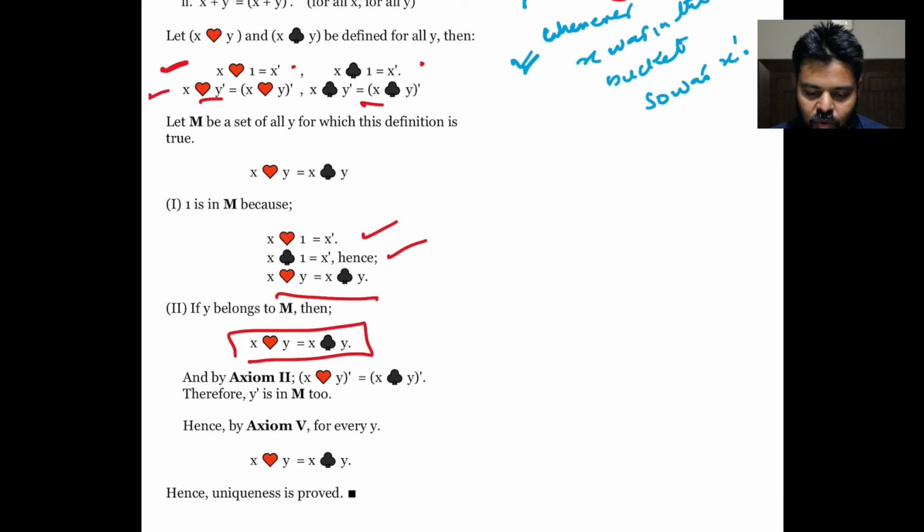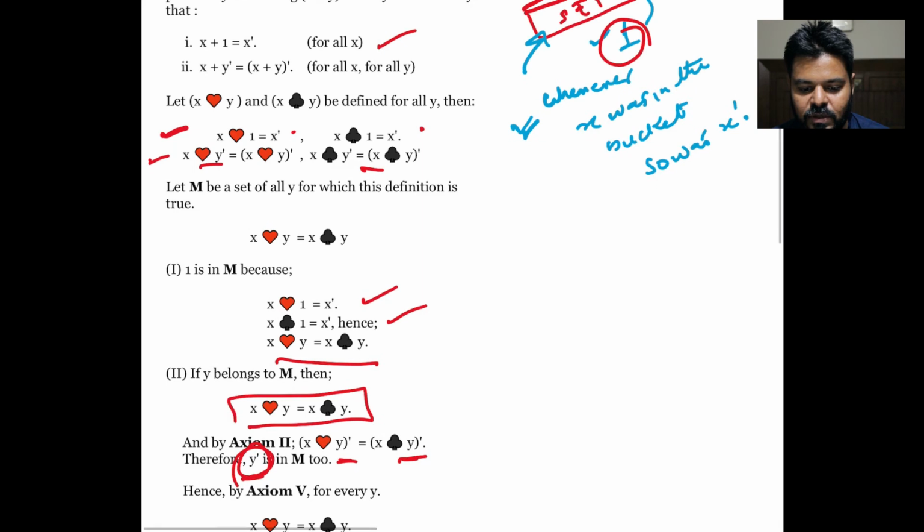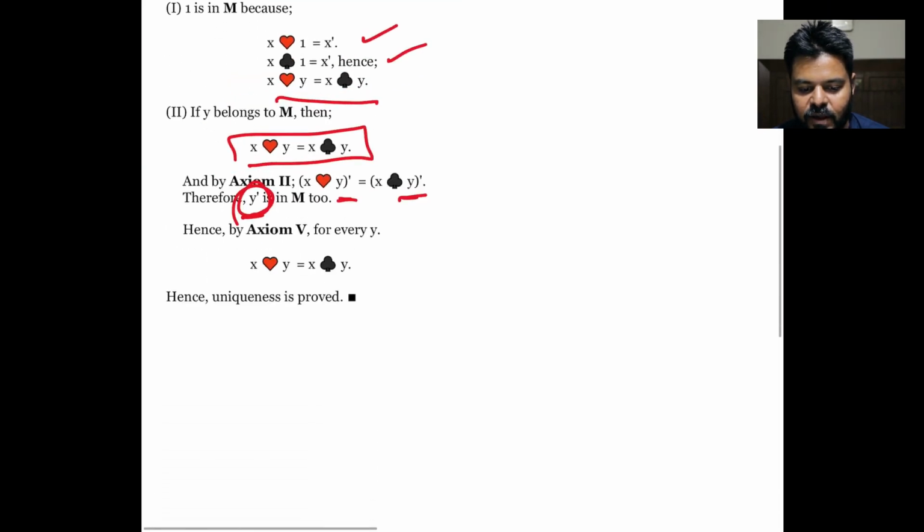So by axiom 2, this holds for x prime also, the successor of x, right? And so we have proved it for y prime, and so this induction was actually on all y's, and hence we have proved it for all y.